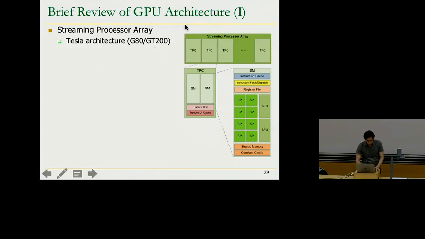We have something called the streaming processor array, and within it we have all these streaming multiprocessors. Remember that we have an instruction cache, and a unit that decodes and issues the instructions on top of these vector lanes that are called SPs here. We will see in the next slide the meaning of this. Here we have the register file, and also remember the shared memory.